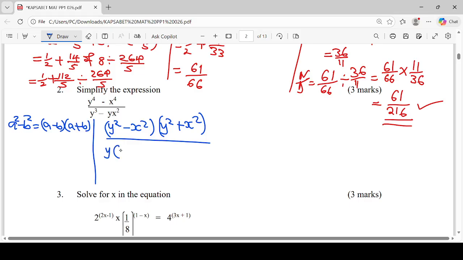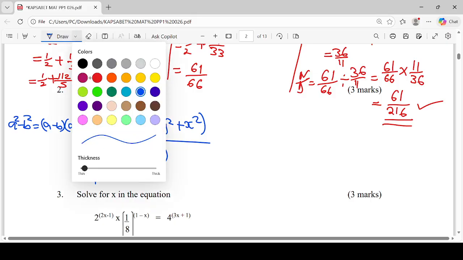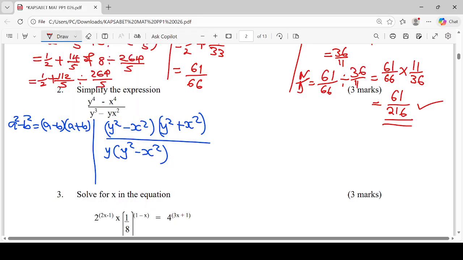You will be left with y squared minus x squared. Then we can simplify, and y squared minus x squared will cancel out. Then you will be having your answer is now y squared plus x squared all over y. That will become your simplified answer for question number 2.